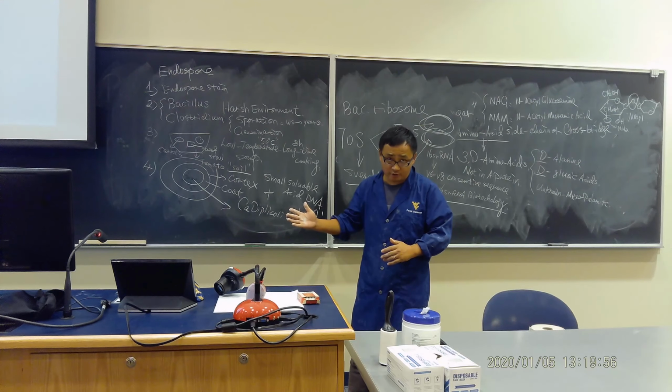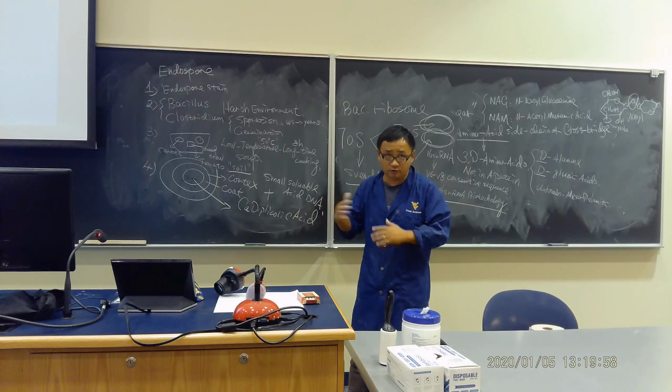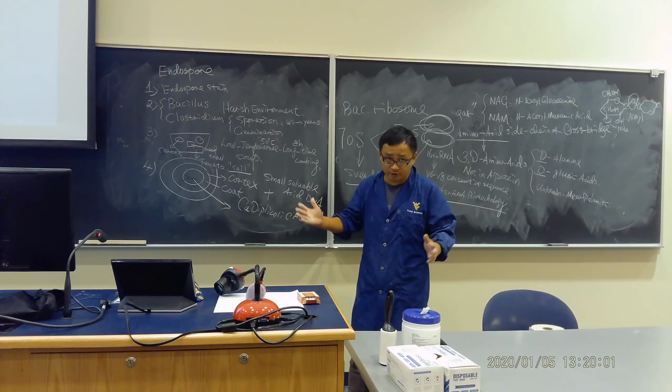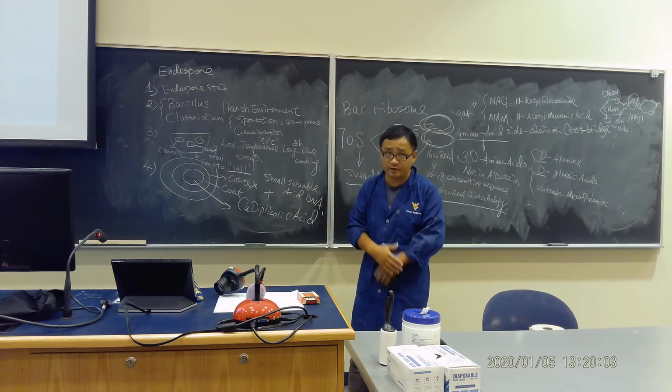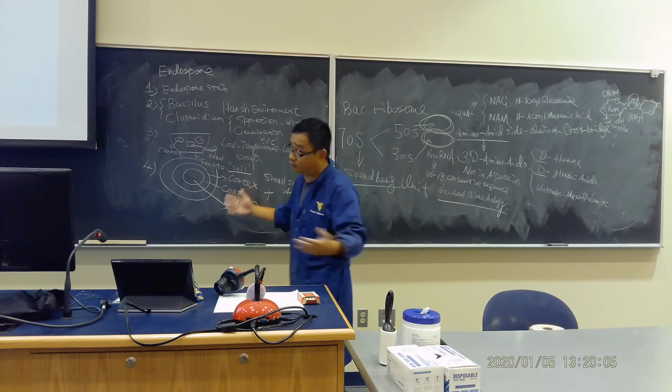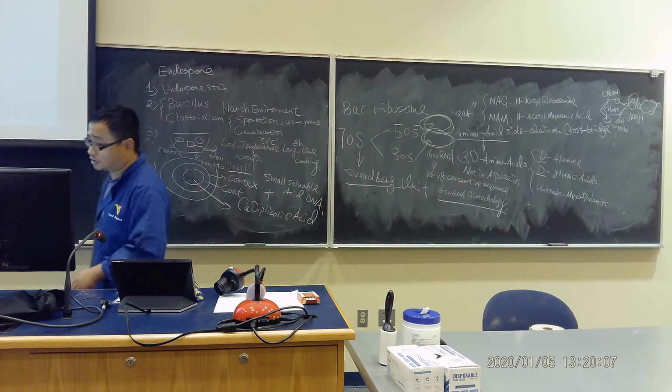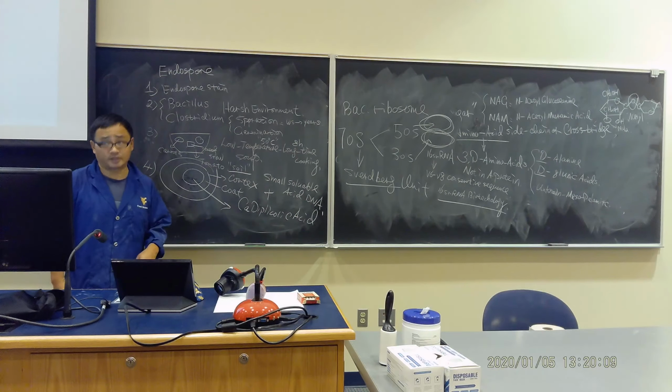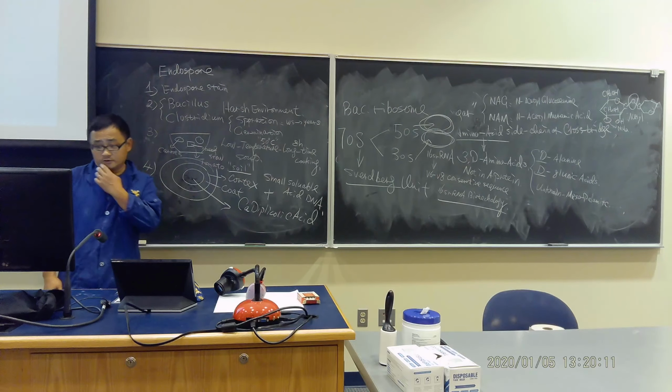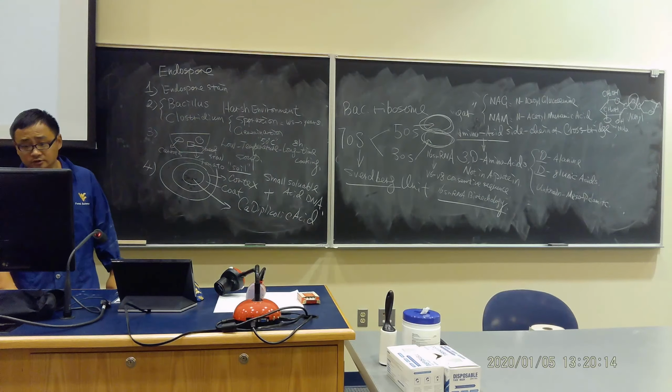If the daughter cell is in a friendly environment, it will not form endospore. If the daughter cell is also in a harsh environment, it may not sporulate at all. So it's a protection structure, not a reproductive structure. Okay? That's all I have for this section.